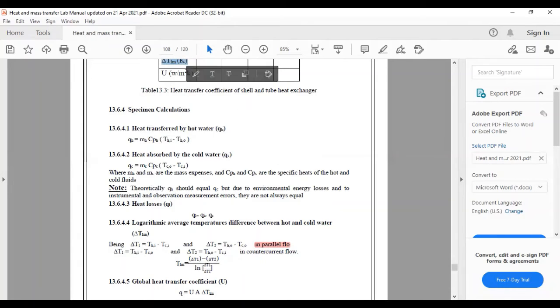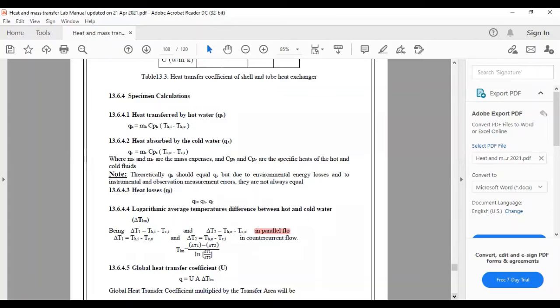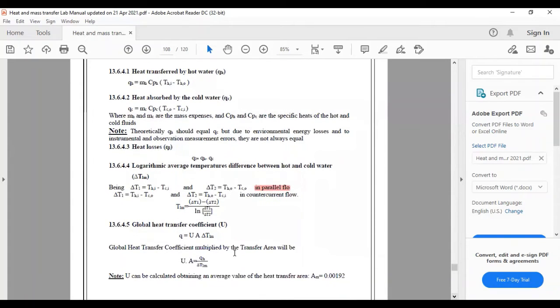These are the same. So finally, we want to compute the formula for the global heat transfer coefficient U. The heat transfer is equal to U A delta TLM. U is the global heat transfer coefficient, which we want to calculate here. This is equal to Q divided by A delta TLM. For this Q we will use QH or QC, because ideally both should be the same, but actually they will not be the same, so generally we use QH.